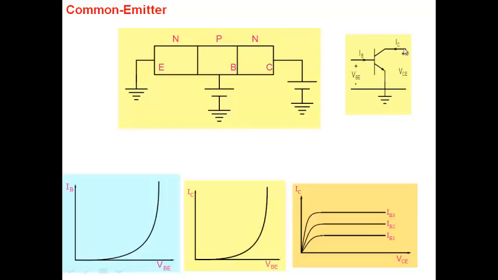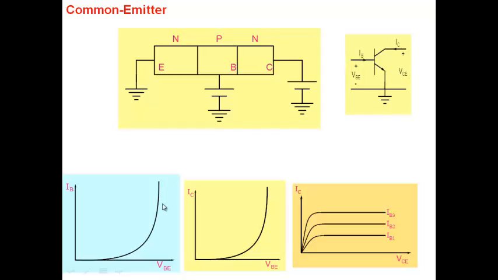How does it look from the output side? Well, collector current is there from the output side. So I'm interested in collector current. And collector current is a function of two things. Collector current depends not only on base emitter voltage, but depends on collector emitter voltage also. So the dependence on base emitter voltage is again exponential, because collector current basically arises from the base current. In the forward active mode, you know collector current is beta times IB.